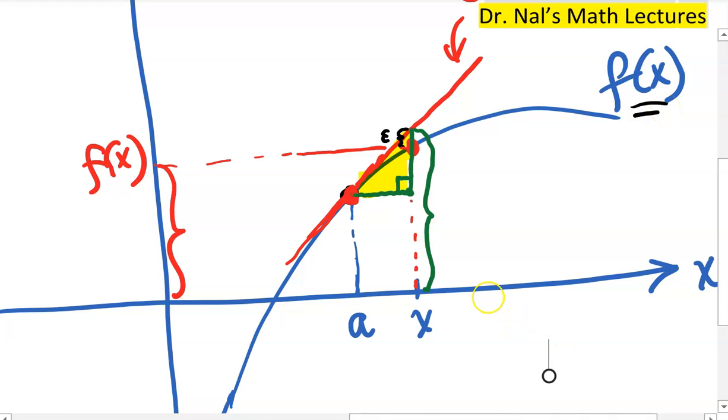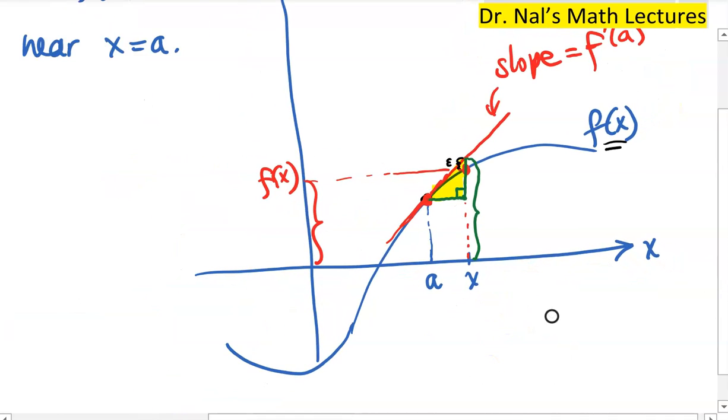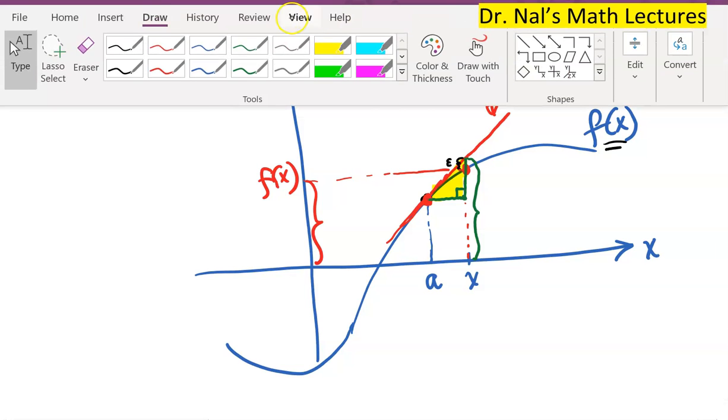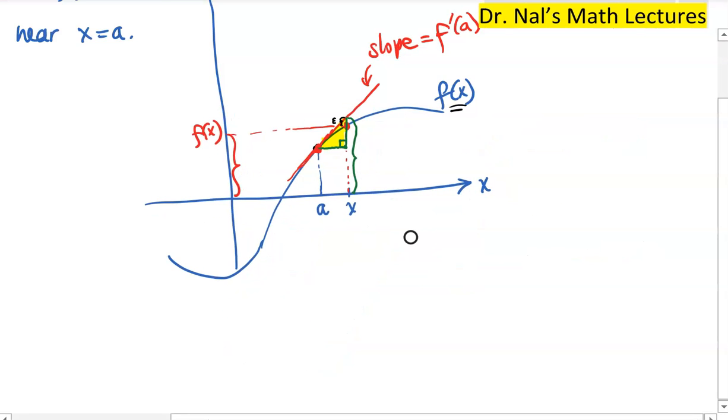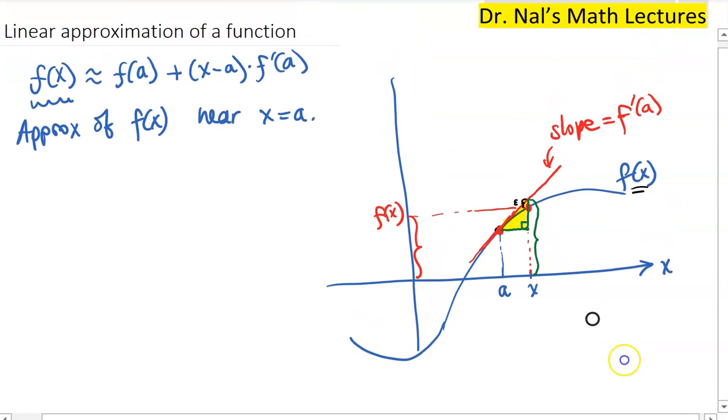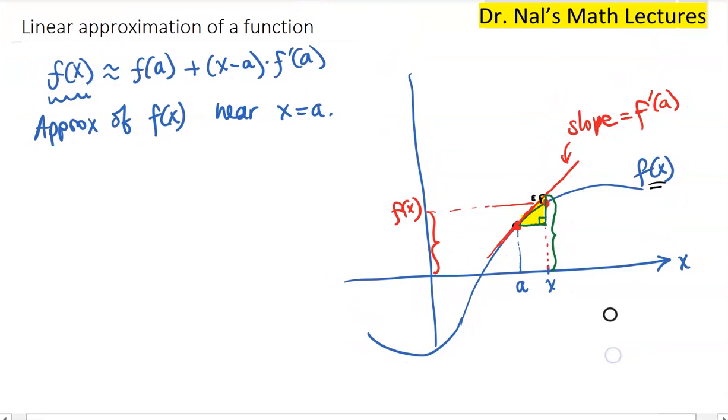So let me just go ahead and do that. All right, there you go. So on the one hand, let's write out the slope. Slope on the one hand is equal to f prime of a, because that's where we are calculating the slope. But at the same time, inside that yellow right triangle, it would be rise over run.